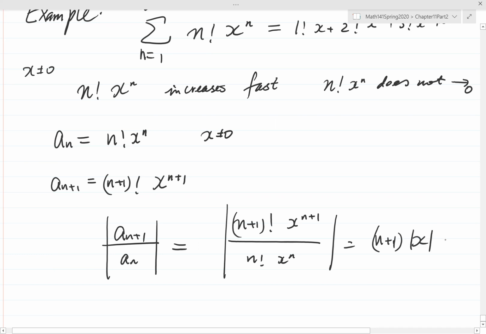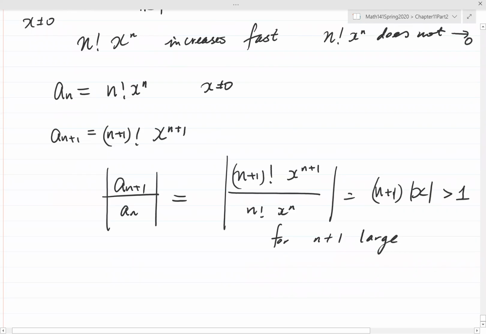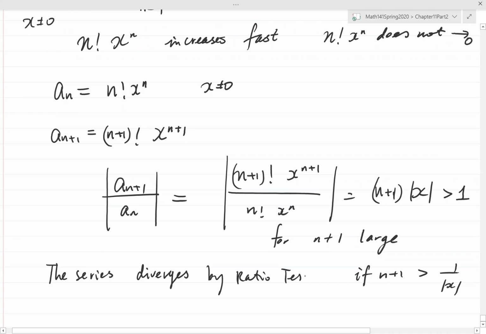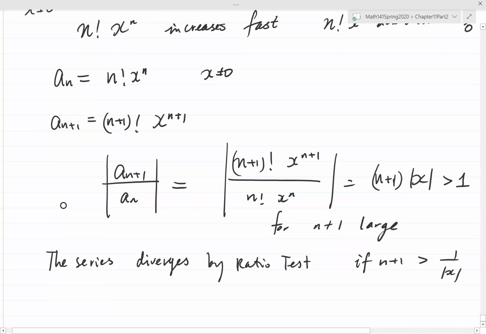It is greater than 1 for n plus 1 large, since x is a fixed, non-zero number: simply if n plus 1 is greater than 1 over the absolute value of x. Then we know the series diverges by the ratio test.